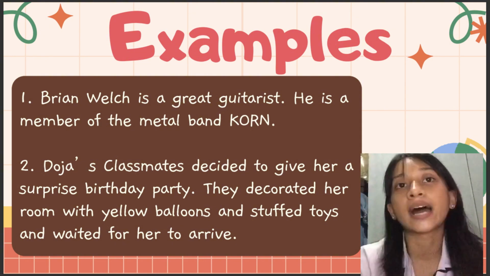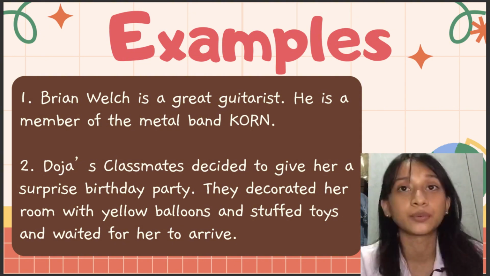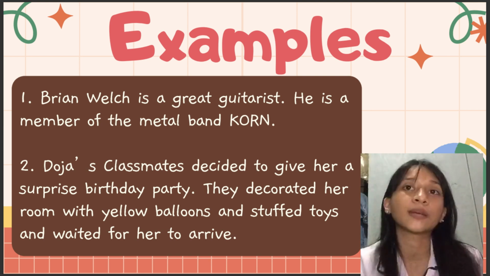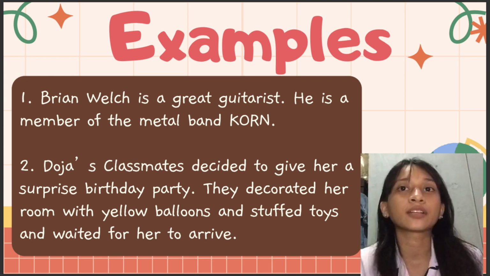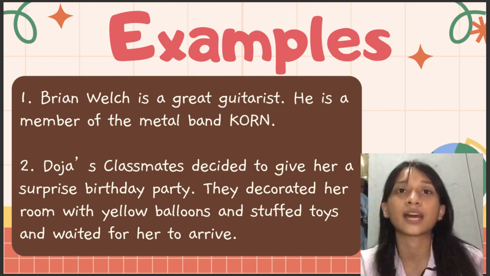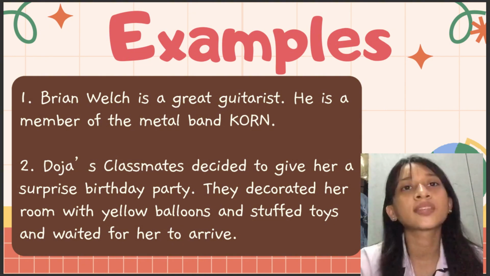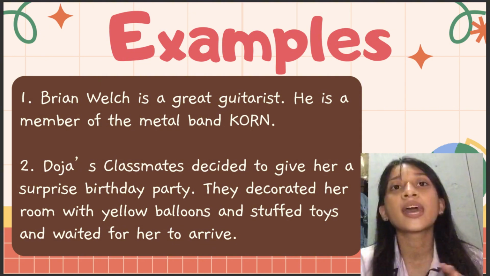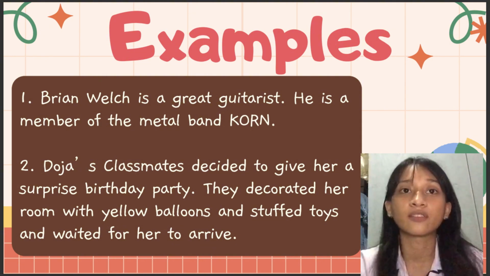And now is example number 2. Doja's classmates decided to give her a surprise birthday party. They decorated her room with yellow balloons and stuffed toys and waited for her to arrive. Notice that her is used to replace Doja because she is singular in number, feminine in gender, and she receives the action given.